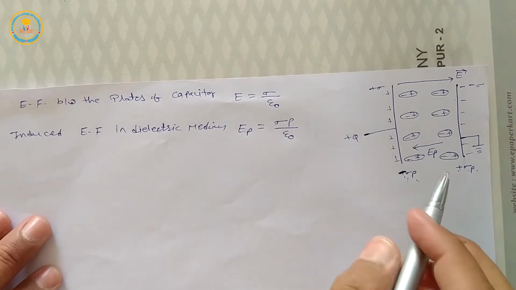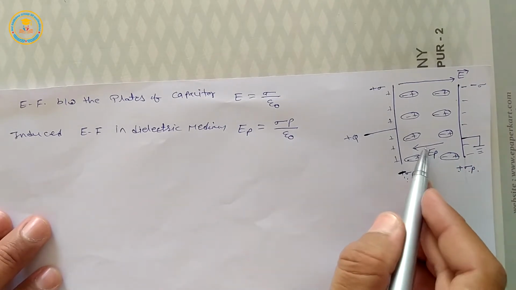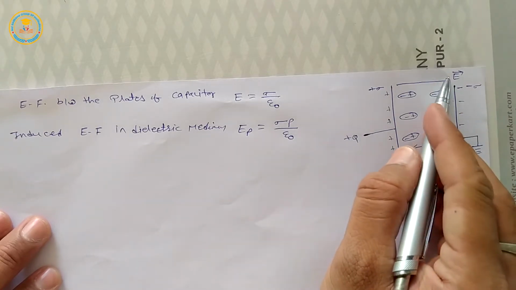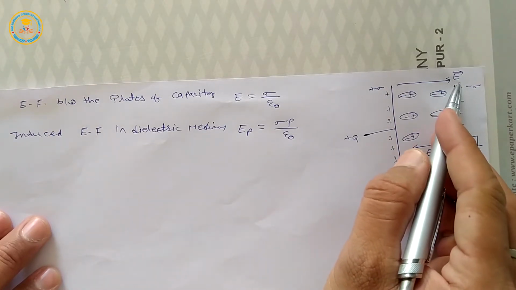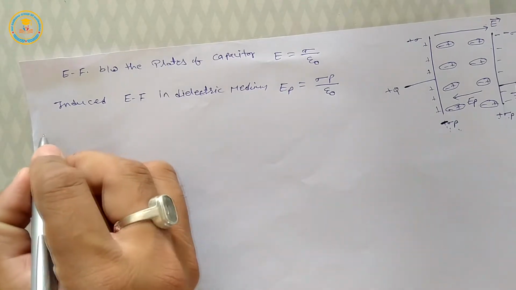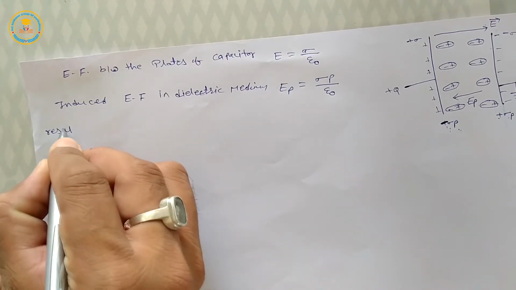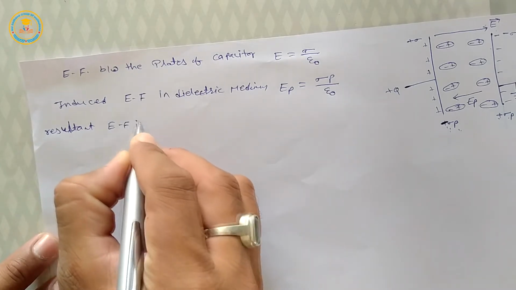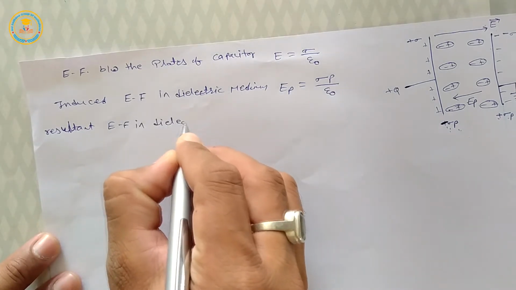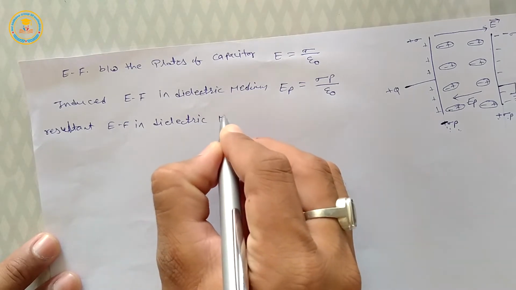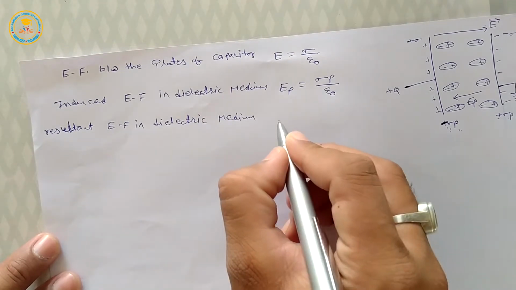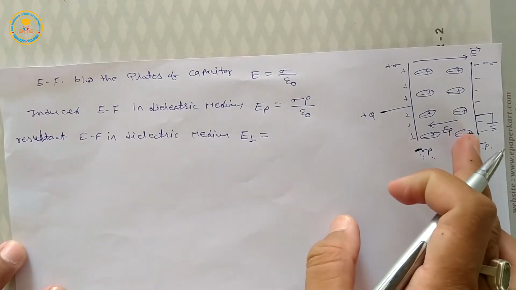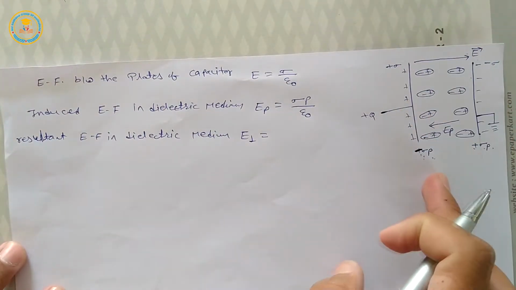We see that the direction of this induced electric field is opposite to the original electric field. Then the resultant electric field in the dielectric medium, denoted by E1, is the vector sum of both electric fields.